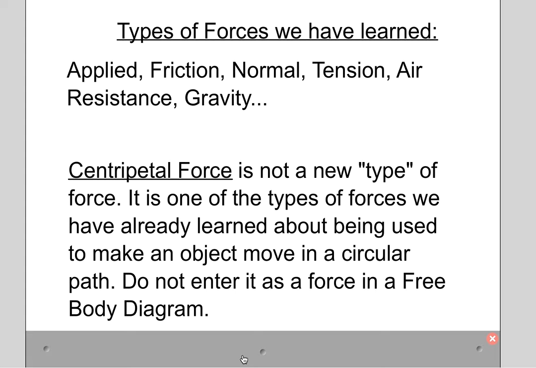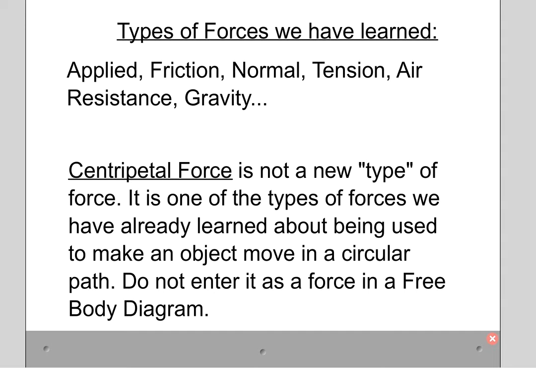Those forces are the ones that would be providing the centripetal force. So a minute distinction, but an important one. You're just going to analyze the forces, the ones we've learned about, and which ones of those are acting on the object that's moving in a circle, and you're going to say, all right, which one is providing the centripetal force?